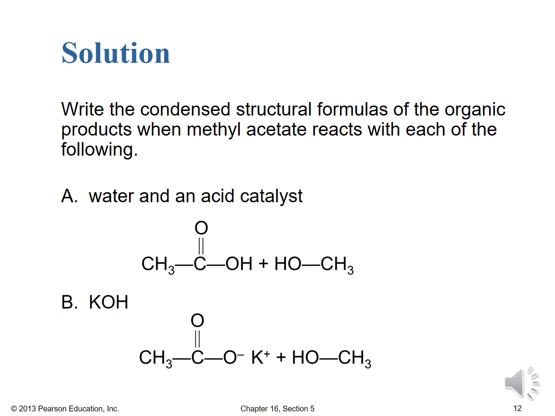The big difference is in water, we remain a neutral carboxylic acid and neutral alcohol, in the presence of a strong base like KOH, we're a carboxylate salt instead of a neutral carboxylic acid, but still a neutral alcohol. So hopefully that went well, and if it didn't go well initially, hopefully you understand now where you may have made a misstep.